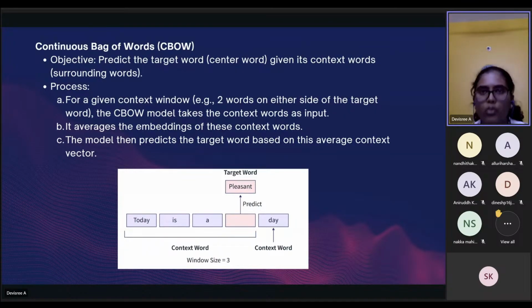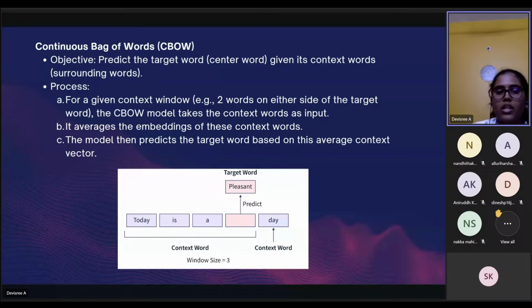The context window is the number of words on either side of the given word you want to predict. It takes the words based on the given context window as the input, and it averages the word embeddings of all these context words. These context words also have word embedding representations.